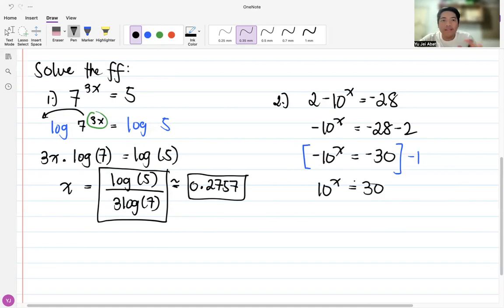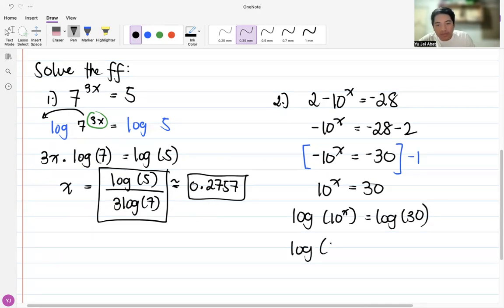Okay. Again, 10 and 30 don't have the same common base. We cannot reduce it to the same common base. So our option here is to put log on both sides of the equation, so that this becomes 10 raised to x equals log of 30.